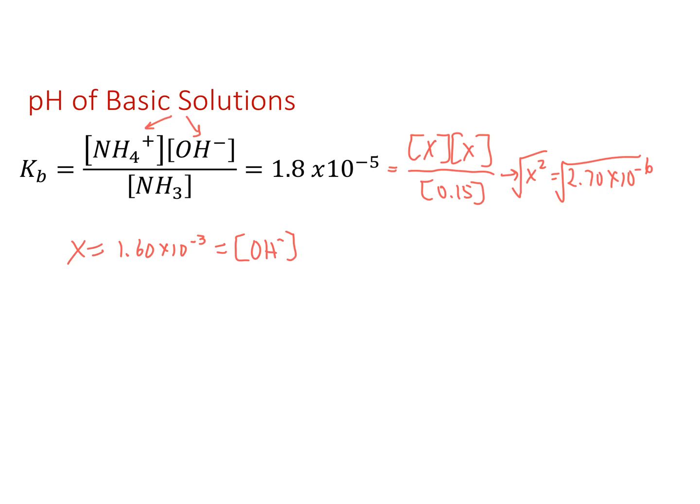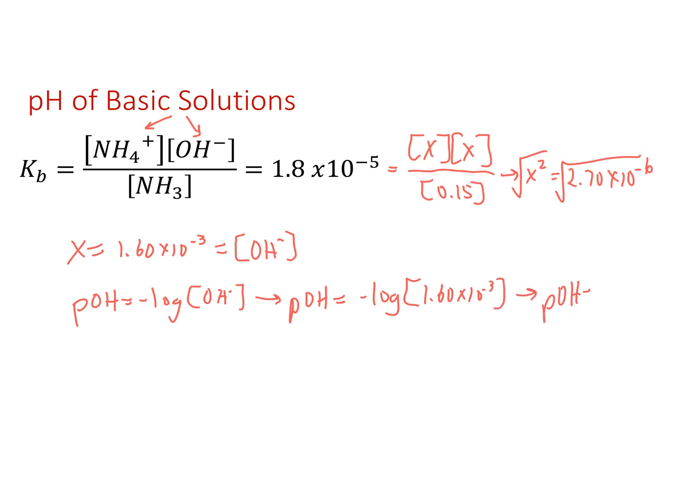So I've got one more step in this calculation than I did in the previous example. So remember, pOH equals the negative log of hydroxide concentration, and that's what I have. I have hydroxide concentration, so my pOH equals the negative log of 1.6 times 10 to the minus 3. So my pOH of this solution is 2.78.